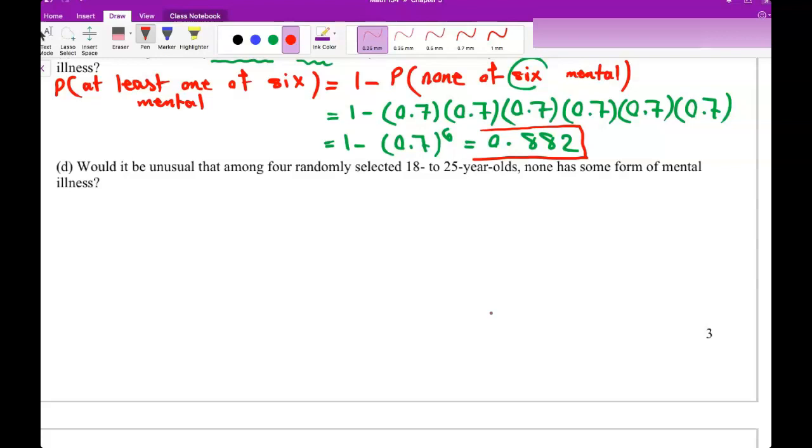Part D, would it be unusual that among 4 randomly selected, none has some form of mental illness? So we have 4 and here is none. And it's asking if that one is unusual. So we have 4 and it's none.